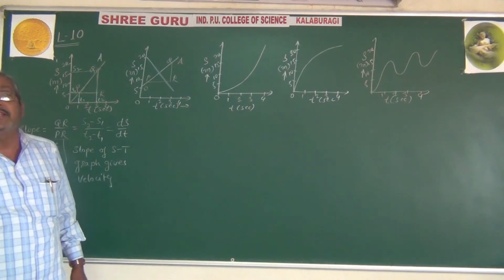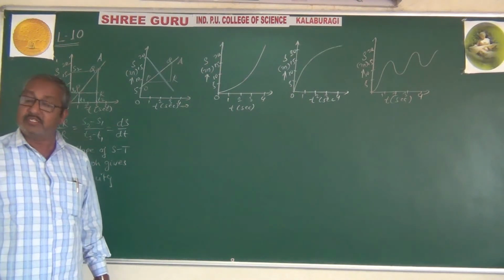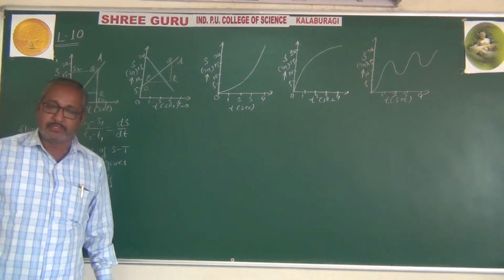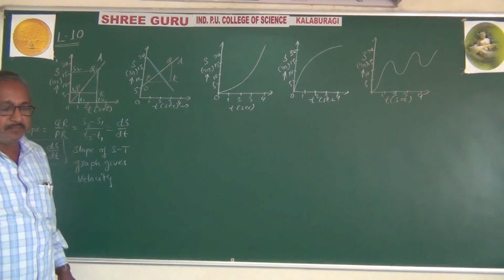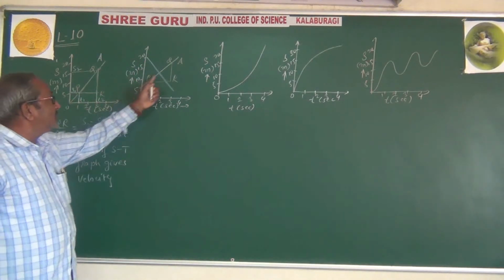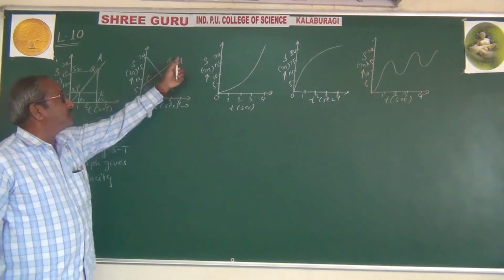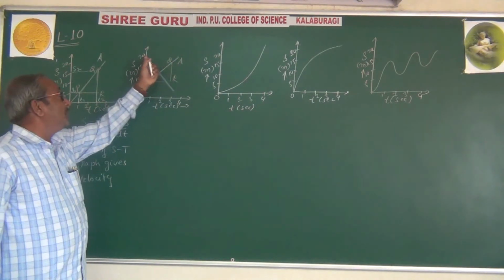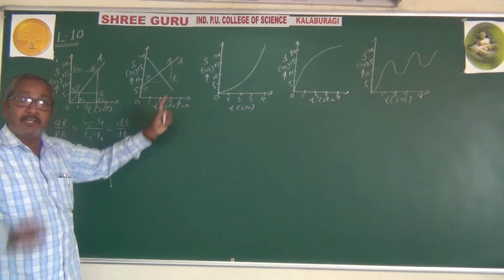Speed is always positive, that is the difference. So for this, the slope gives the negative velocity.